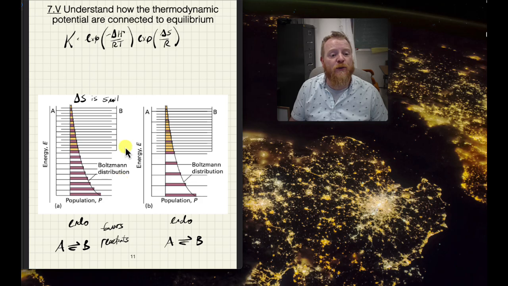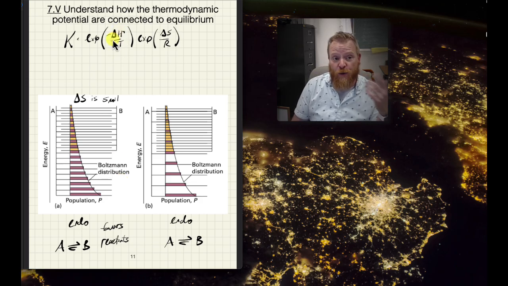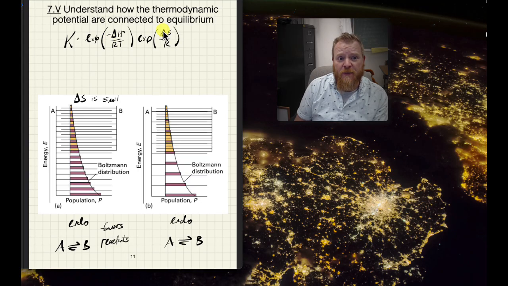And it favors reactants because now, once again, we remember that an endothermic reaction already favors reactants. But now when we consider what this other exponential is doing, if the change in delta S is small, it makes this quantity less important. So the delta H then dominates.